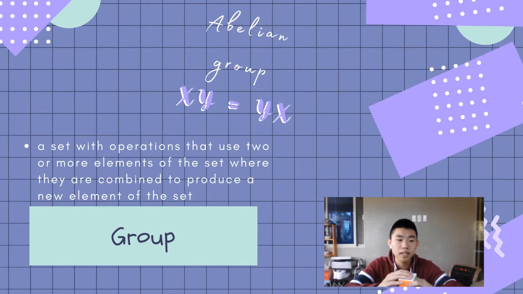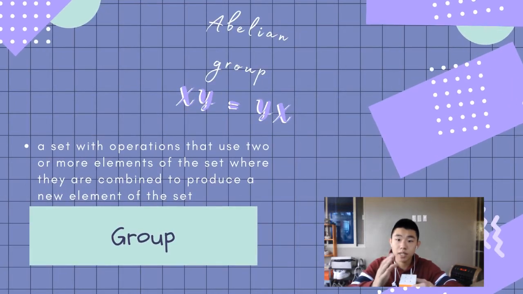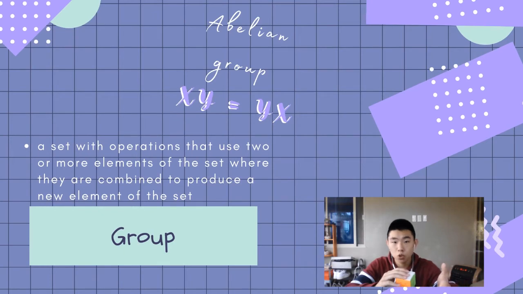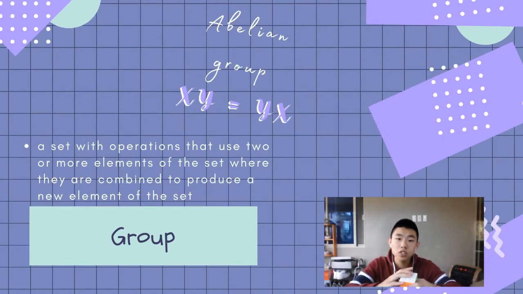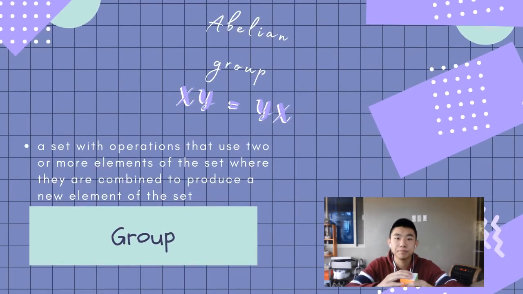This means that examples like x times y equals y times x, I can define this as a group because it has a set, as shown, x and y, those are the elements, and the operation used was multiplication. And since groups are sets with restrictions, it is natural for them to have subsets.